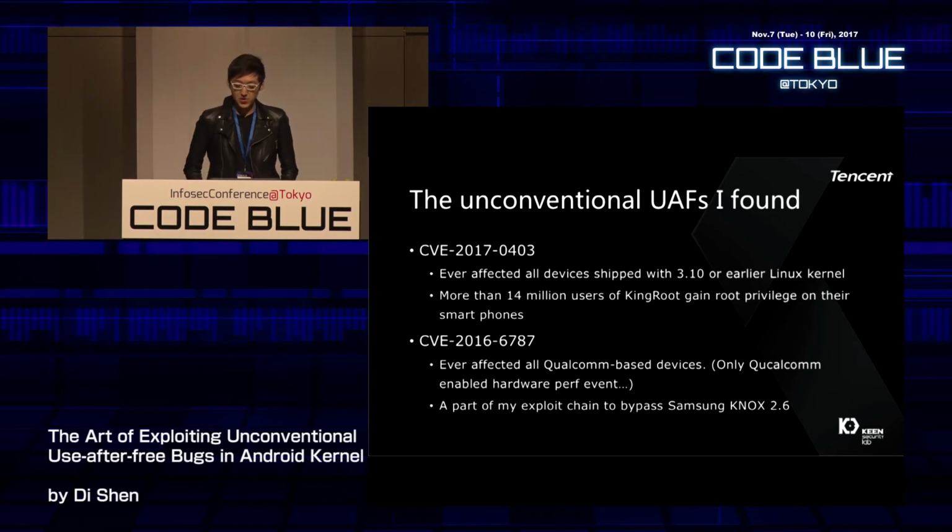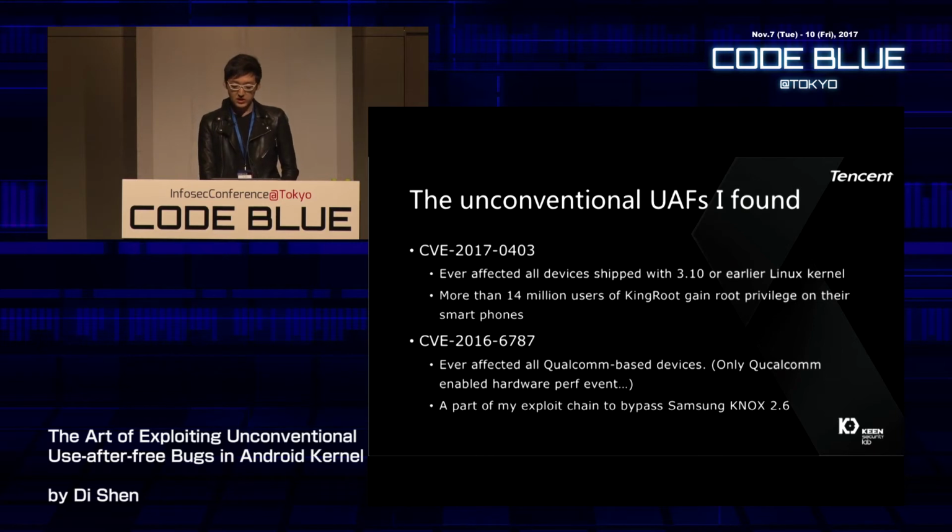We have already provided free software called KingRoot for people who want to root their own devices. Last year, more than 14 million people successfully used this exploit to root their smartphones.